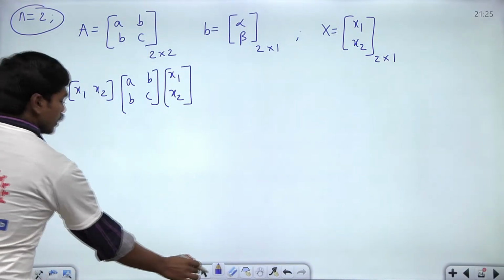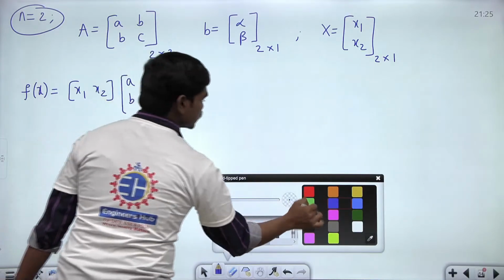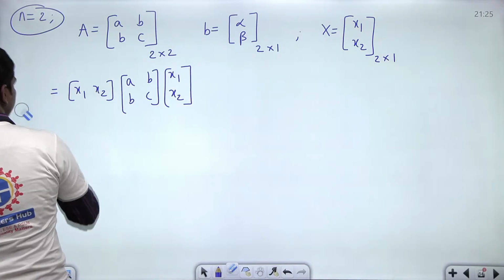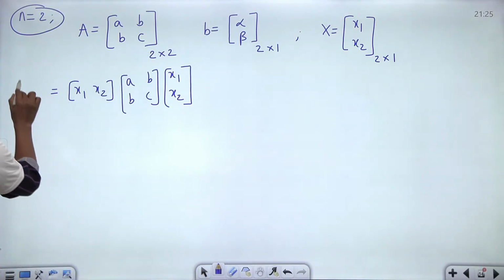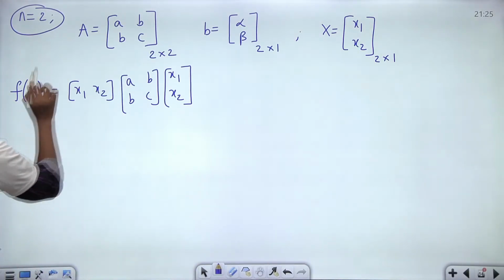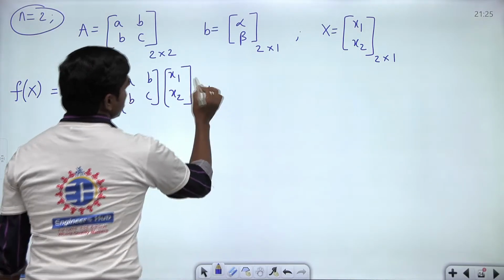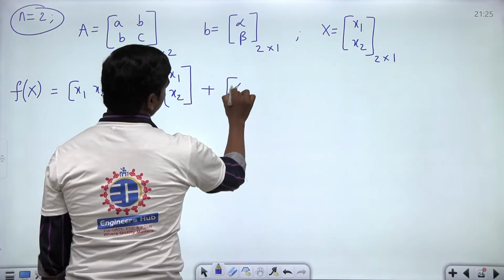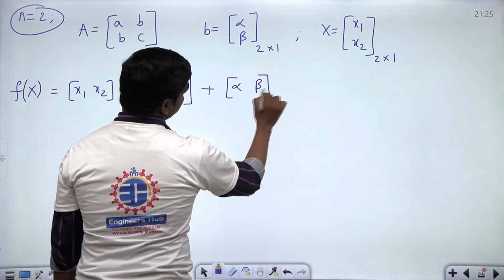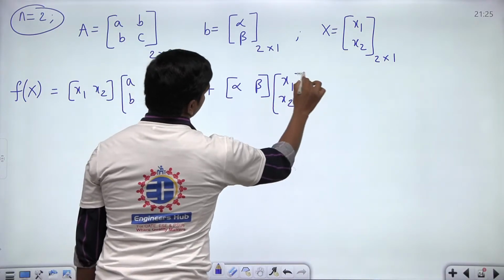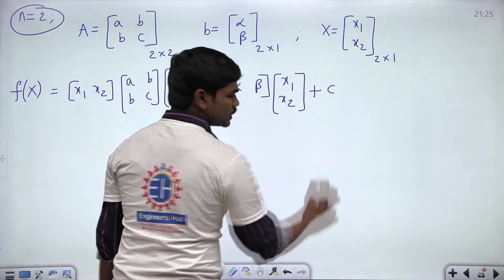Next, look here, please don't misunderstand this. This is a capital X, because we are talking about that matrix. So see here, plus B transpose, which is alpha beta, into X, x1 x2, plus some constant C.